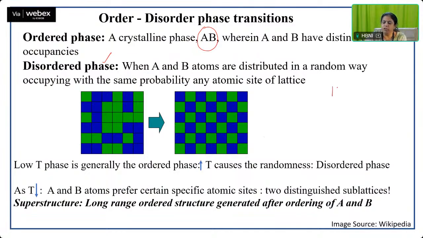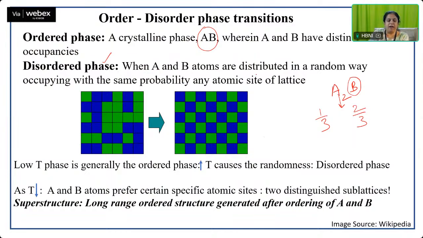Similarly, suppose my composition was A2B. In this case, ordering can happen in any way, but in whatever way it happens, I would be able to say with certainty that A is present on this site and B is present on this site. But when it is a disordered structure, I would say that the probability of B occupying that particular site is 1/3 and A occupying that particular site is 2/3. So what does it say?